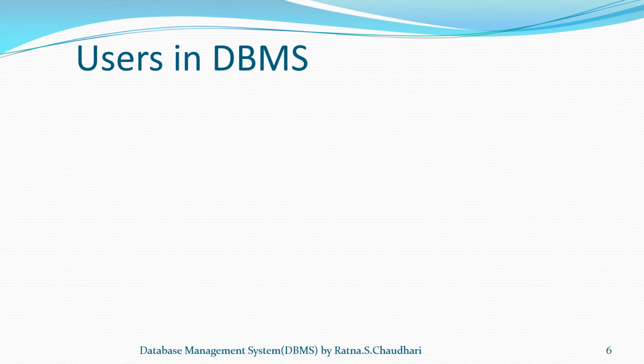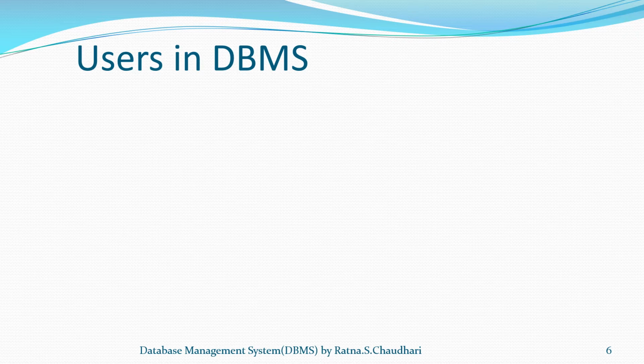Next topic is users in DBMS. Database users are the people or group of people who interact with the database directly or indirectly. DBMS is used by various users for various purposes like retrieving or storing data. The users of a database system can be classified in the following groups.